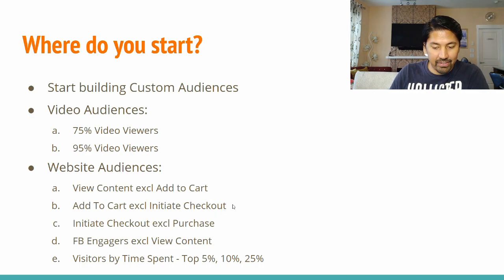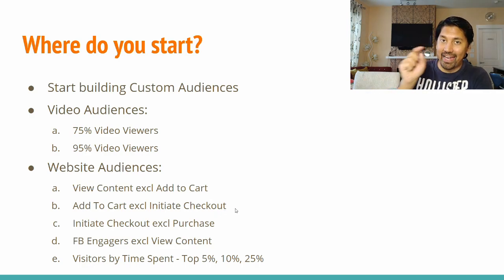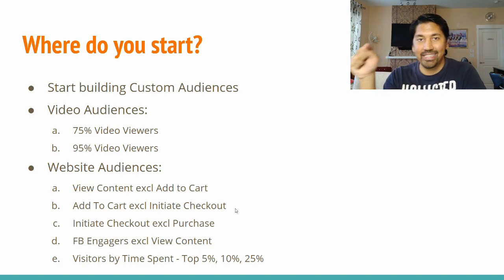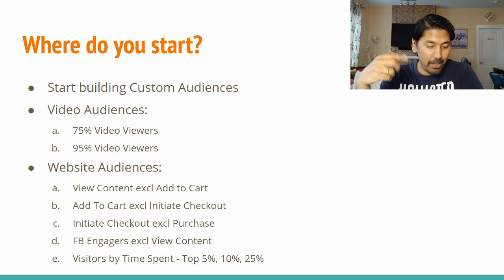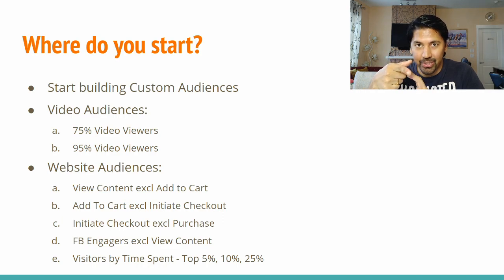Secondly, you can have a custom audience of customers who have added to cart but did not proceed to checkout. And this may be, again, for different reasons. Maybe the pricing that they saw in their cart was too high. Maybe they didn't have the right payment options available. So you have to go through your funnel to see how many people are dropping off at each stage of the process.